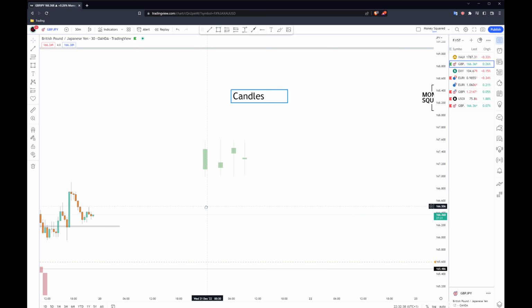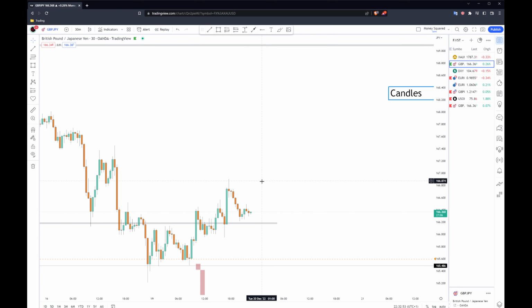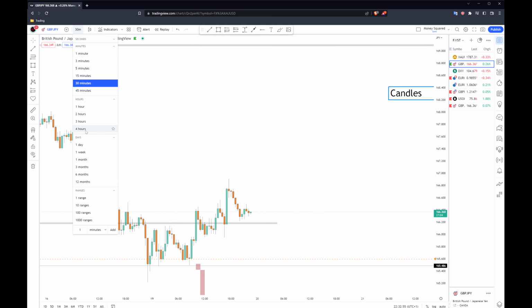So one candle usually consists of multiple candles. It depends also on the time frame. So let's go ahead and delete these candles that we made here, and let's check the real candles.